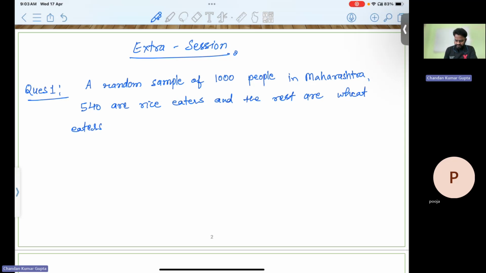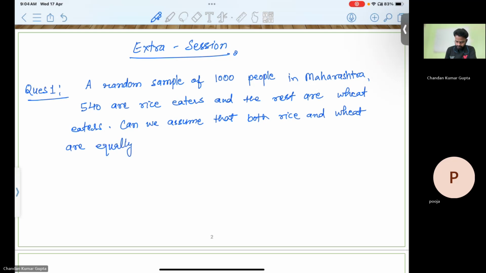Can we assume that both rice and wheat are equally popular in this state at 1% level of significance?